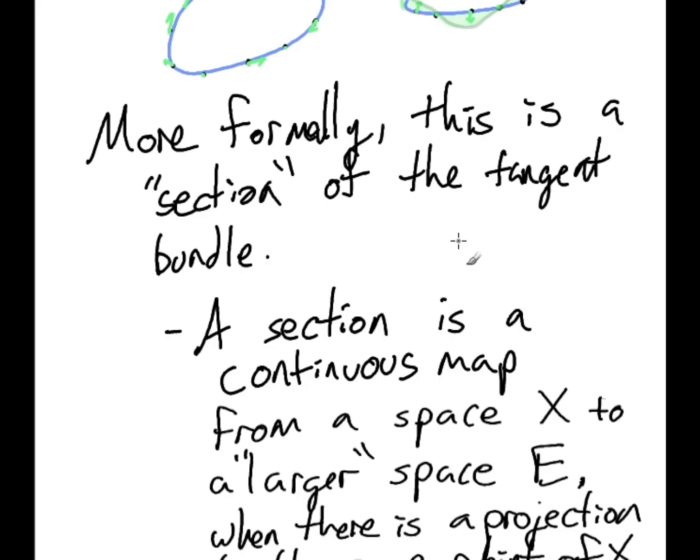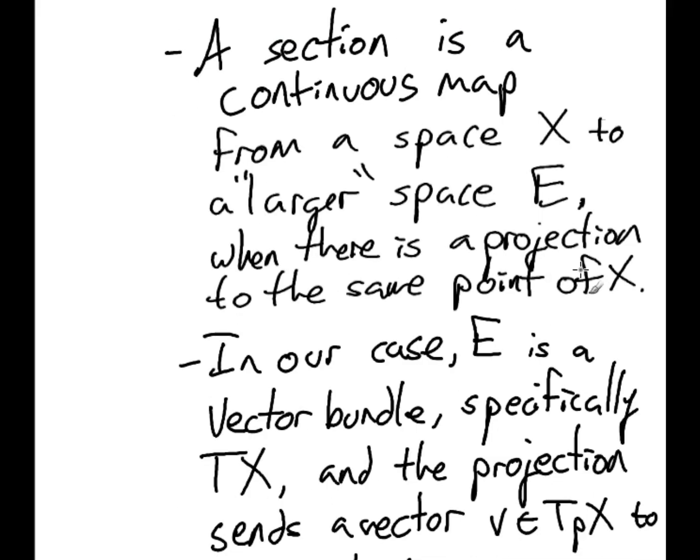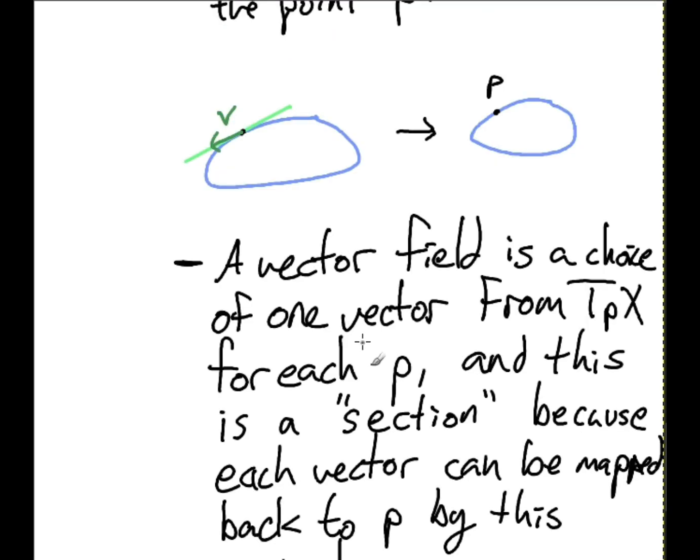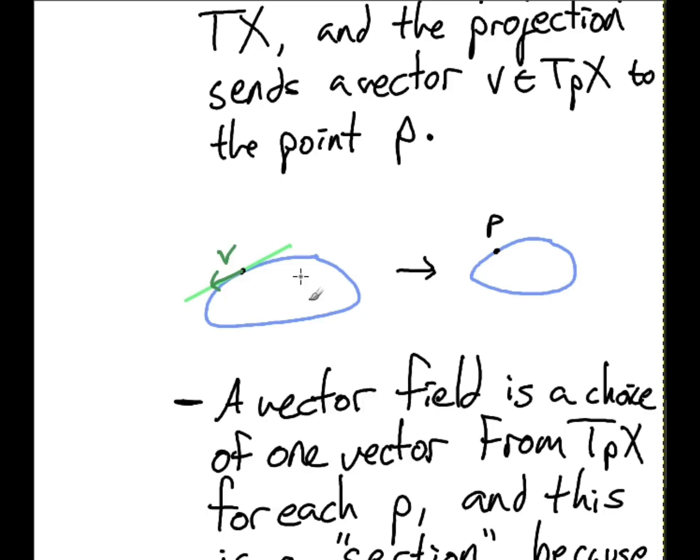The idea of a section is that we have some way of projecting from a larger space to the space that we want to look at. We want to assign elements of our larger space to our smaller space, the base space, in such a way that when we project, we get back to the point that we were mapping from. Since we can always choose to just forget the information about this vector and map back to the point P that generated the tangent space that vector lives in, we get this projection for free.